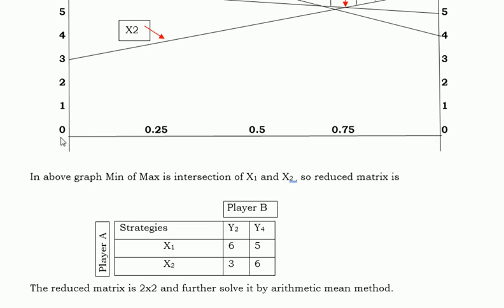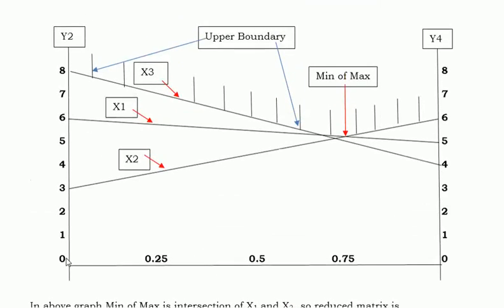Keep in mind, the distance between these two is as per your convenience. Better to take 10 centimeters, even 8 centimeters you can consider. Divide it into 4 parts like this, 0.25, 0.5, 0.75. And how much is this vertical scale on the y2 line and y4?